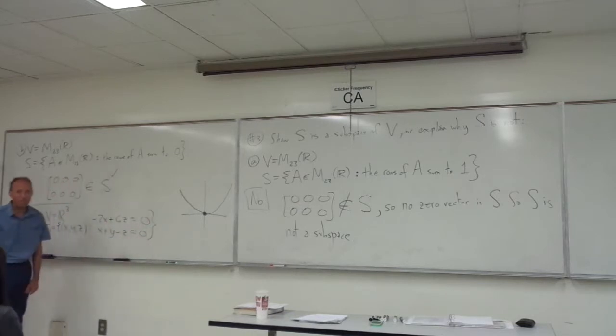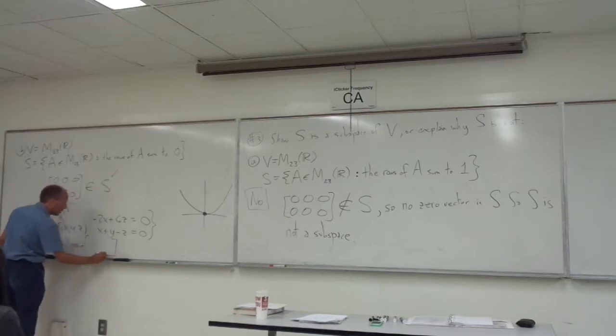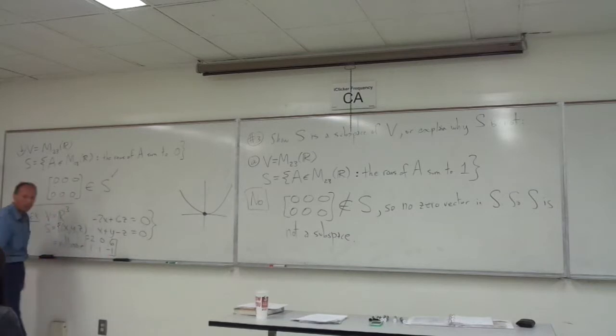Suppose you had that. Well, what you would hopefully realize is that this set S is actually, it's not been presented this way, but it's really just the null space of that matrix.